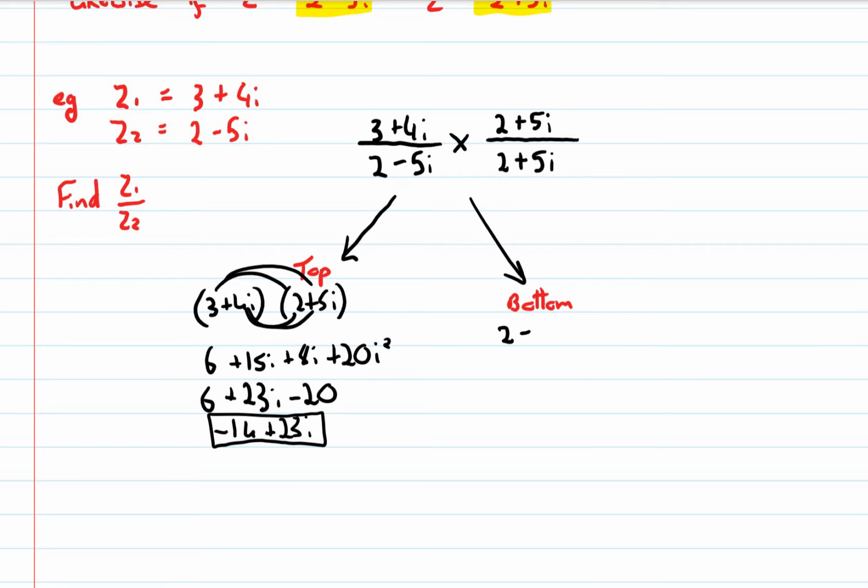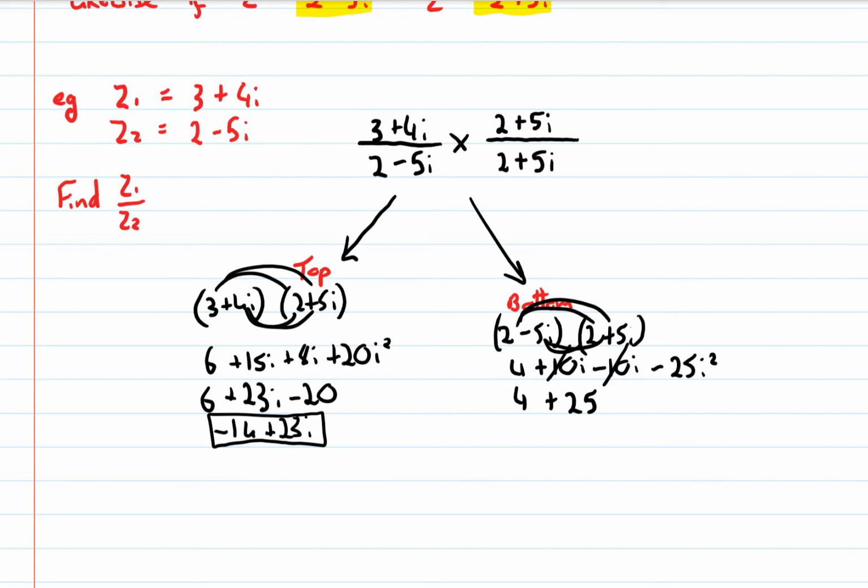Right, we have 2 minus 5i multiplied by 2 plus 5i. 2 by 2 is 4, 2 by 5i plus 10i, minus 5i by 2 minus 10i, minus 5i by plus 10i is minus 25i squared. So that's 4, the 10i's cancel, and then we have an i squared, so we change the sign in front of the 25, drop the i squared. 4 plus 25, 29.